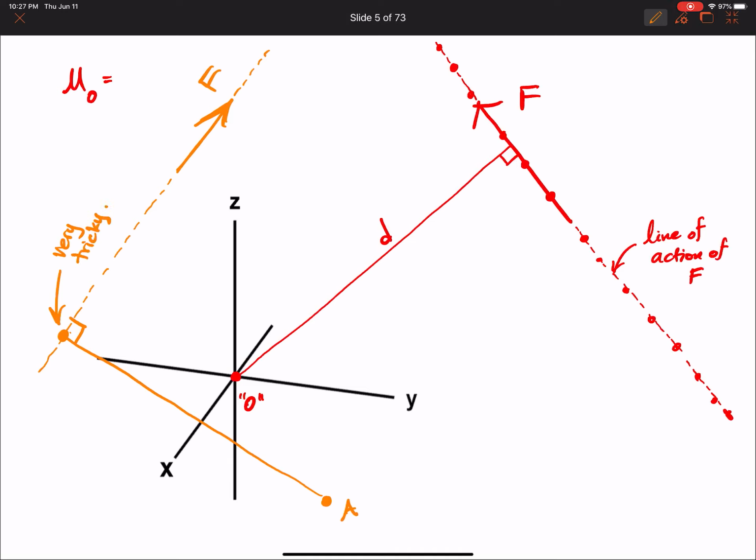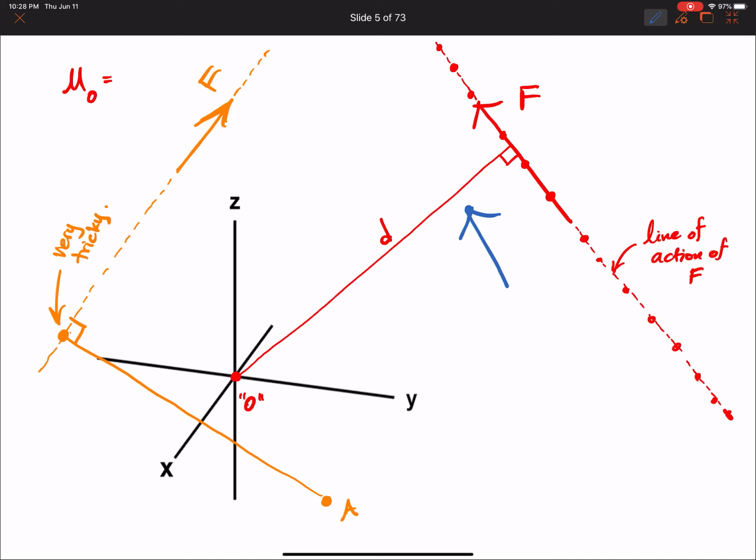So some of you may be thinking, well, they are going to give us another tool. They have to give us another tool so we are able to calculate moments in 3D space. They have to give us a tool with which we can find the distance d in an easy way.